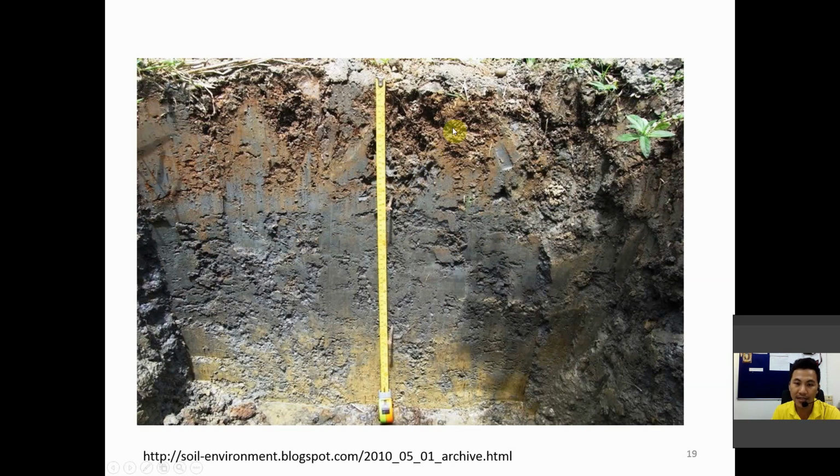Like in this case, it's kind of brownish up top at the soil surface, you have gray color here in the middle, and you have yellow down there. That tells you about the hydrology of the soil itself, where you can see there is some waterlogging here, and up here you probably have enough oxygen, so that's why you get iron oxide here, but you don't see much down here.